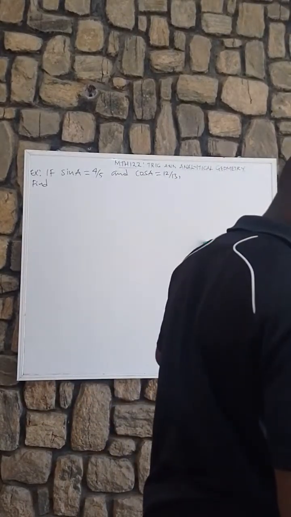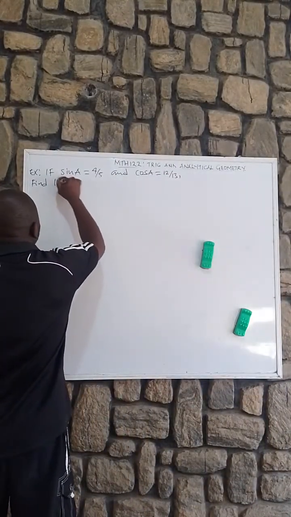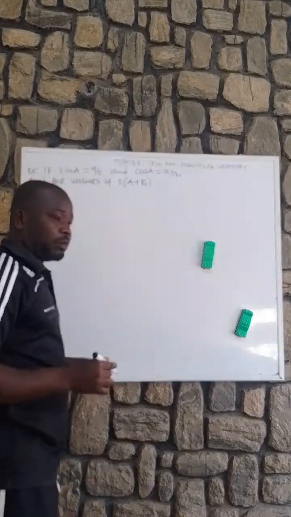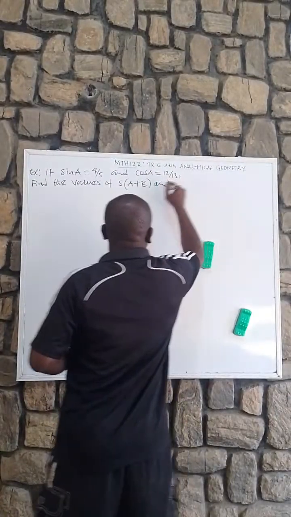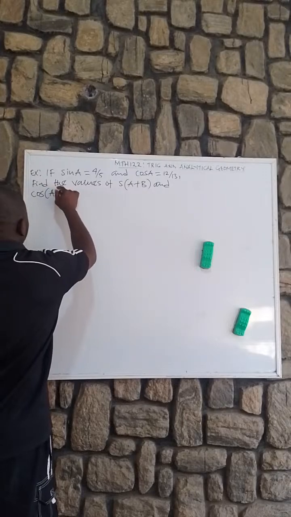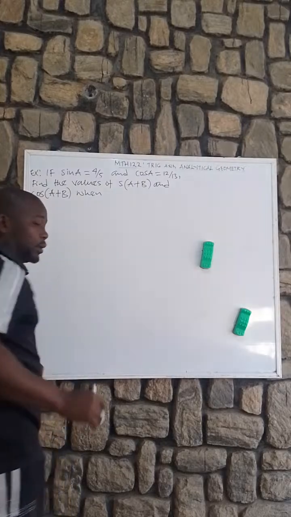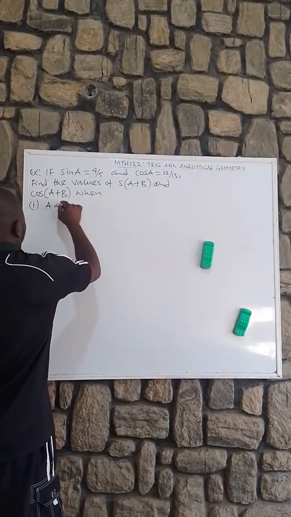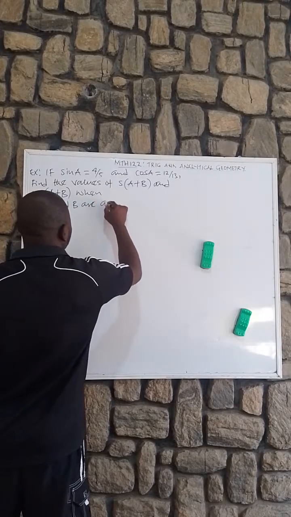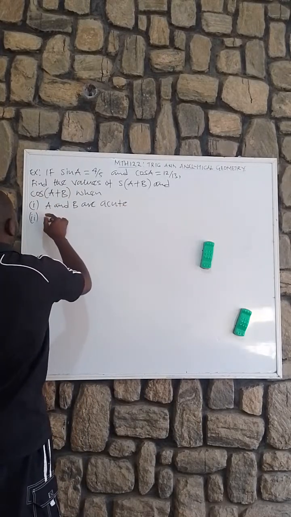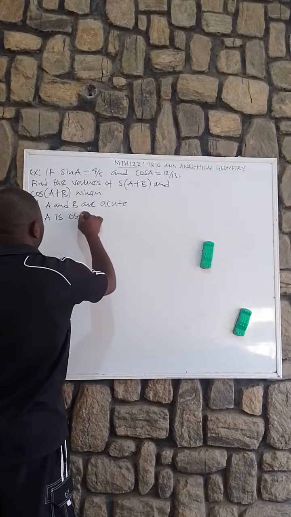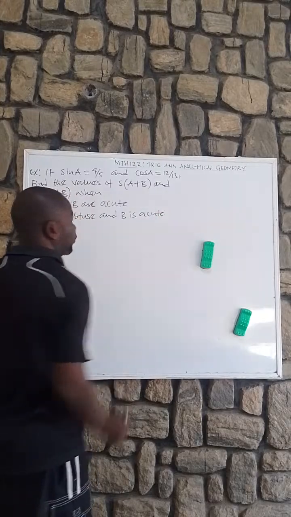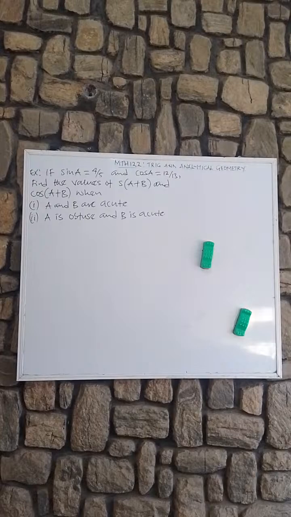Find the values of sine A plus B and cos A plus B, when A and B are acute, and when A is obtuse and B is acute. I think so.